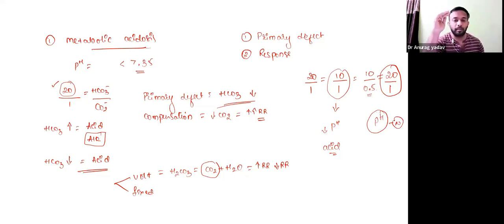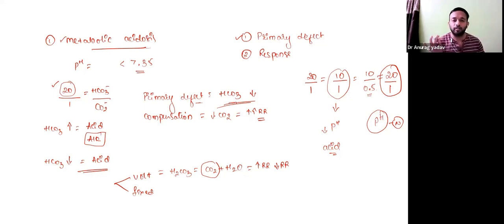Whenever you are seeing a metabolic or respiratory defect, you should always see first what is the primary defect. For acidosis, first you see the bicarbonate levels. Acidosis means bicarbonate should be low, because when bicarbonate is low, then only we call it metabolic. So if it is a metabolic acidosis, the primary defect is a decrease in the concentration of bicarbonate.